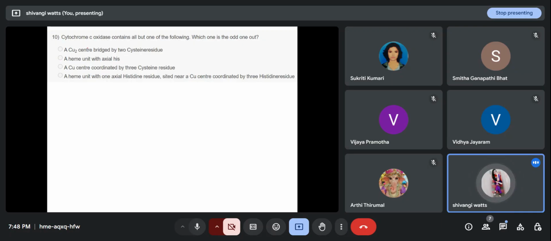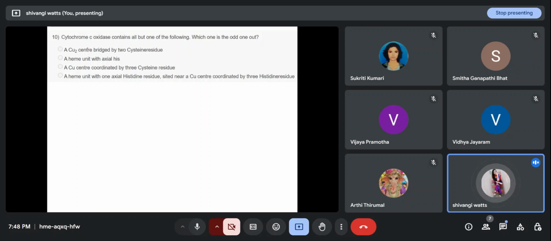So the last question is: cytochrome C oxidase contains all but one of the following. Which one is odd one out? So we have to tell which of the characteristics is not present in cytochrome C oxidase.